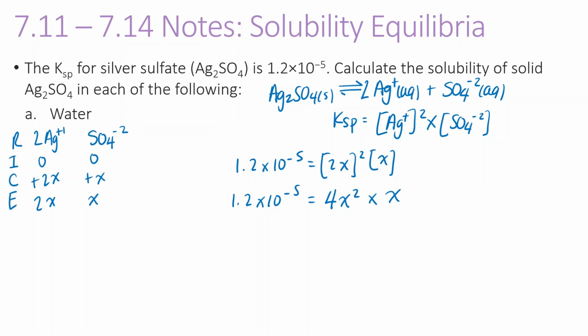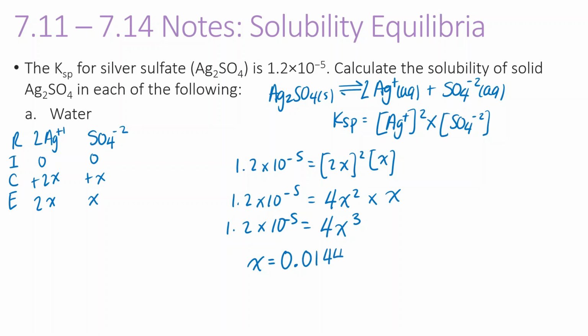And so when I multiply these together and combine them, I end up with 1.2 times 10 to the negative 5 is equal to 4x cubed. So I'm going to need to divide by 4. And then I'm going to need to take my cube root here.